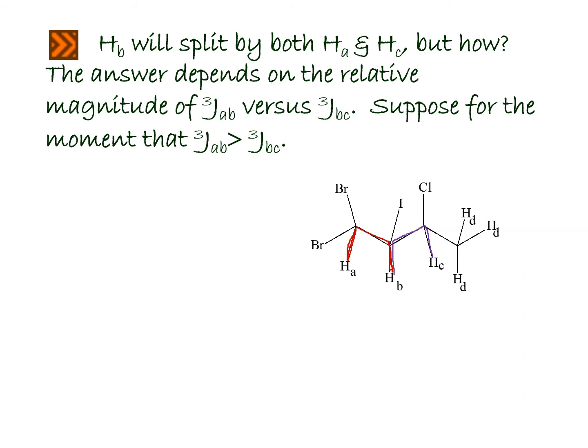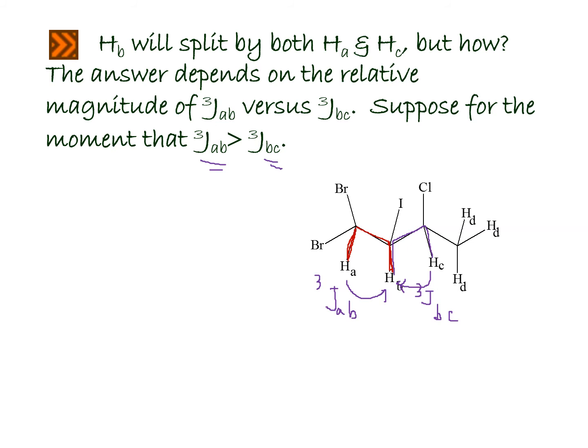So we have what we call J3 AB and J3 BC. And suppose for the moment that J AB is higher than J BC.